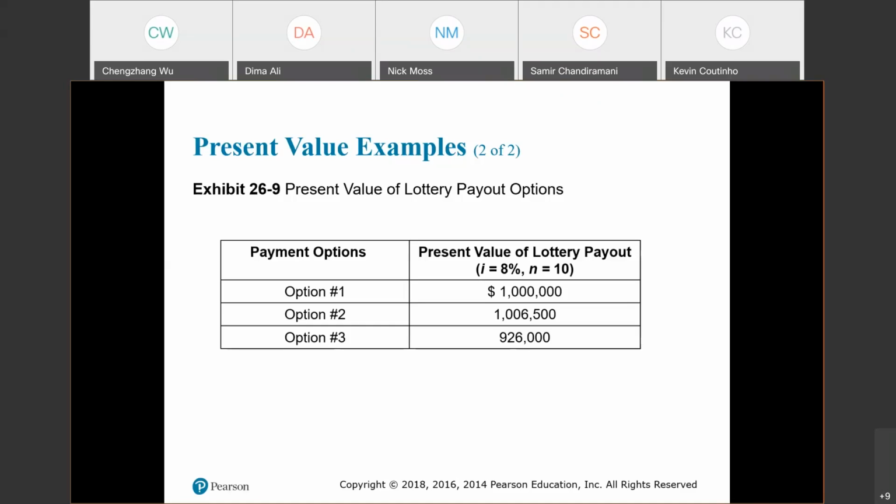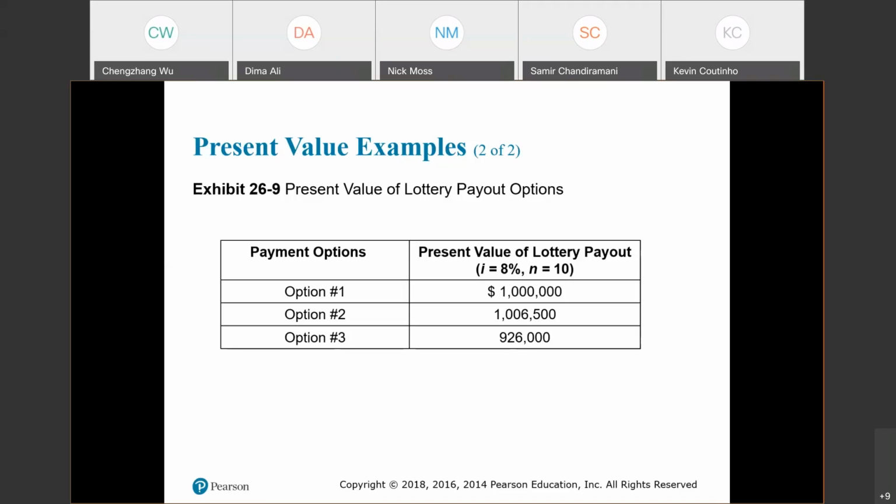But those future cash flows have to be discounted back to their present value in order to compare them to the initial investment, already in present value, like option number 2 in this example.